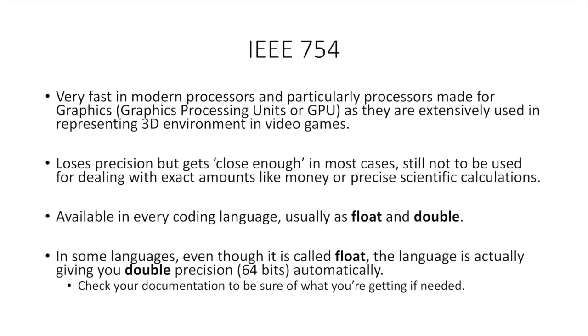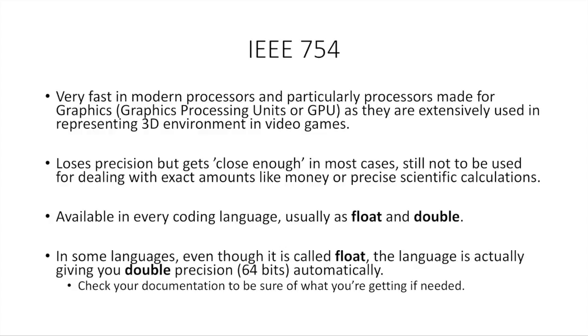A floating point number still loses precision, like we showed earlier, but it gets close enough in most cases. However, like I said, don't use it for money or exact amounts. When you need to deal with exact or precise scientific calculations or money amounts, don't use a floating point number. Every coding language usually has a float or a double. They may have other names for them, like real. Sometimes you get the word real, just because in mathematics a real number is a number that can be a fraction.